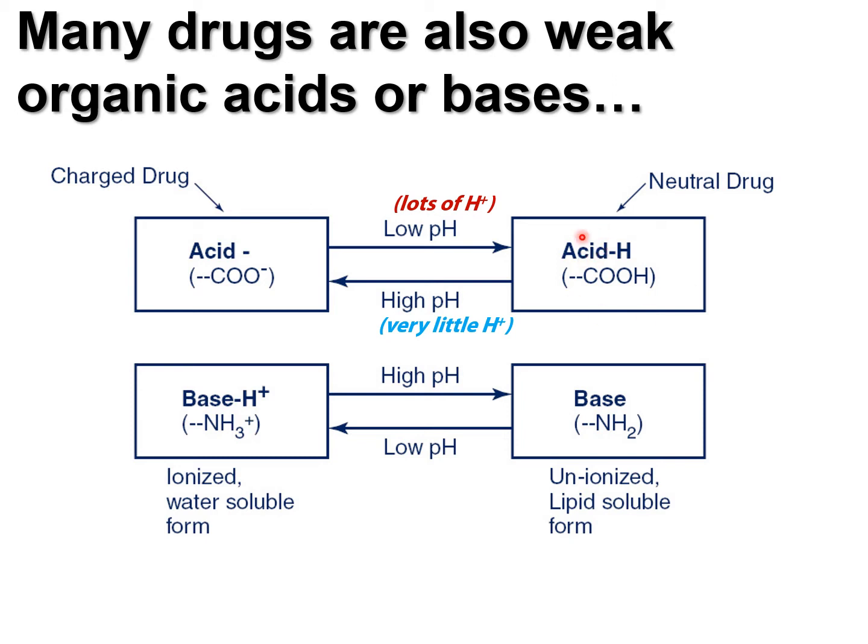So a low pH for acids means it's much more able to move through a membrane. Low pH for bases, much less able to move through a membrane. And then vice versa. If we go to high pH, what we see is we lose that extra proton, and now we're back to our neutral situation, uncharged, much more lipid soluble, and much more able to penetrate.